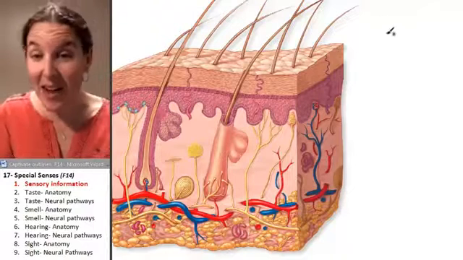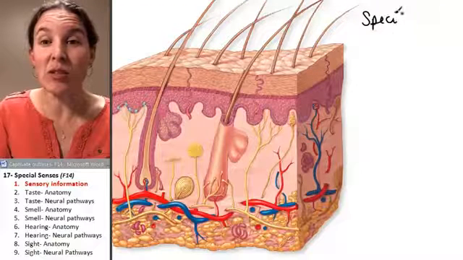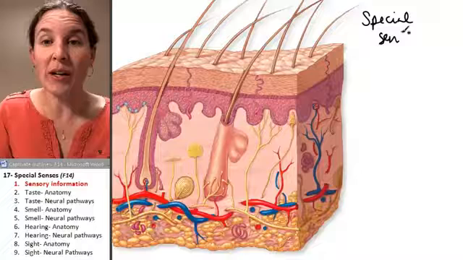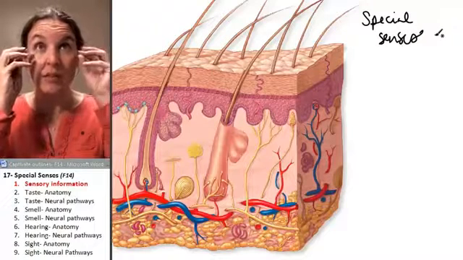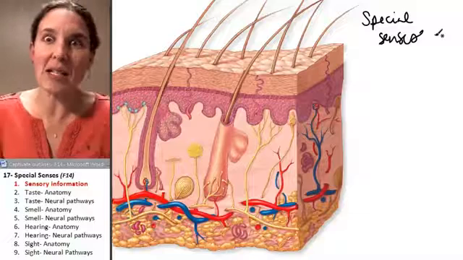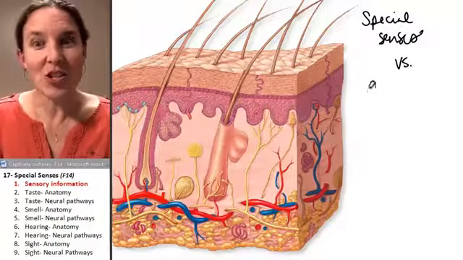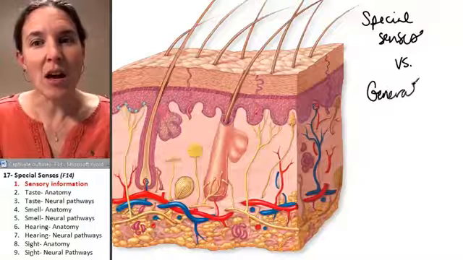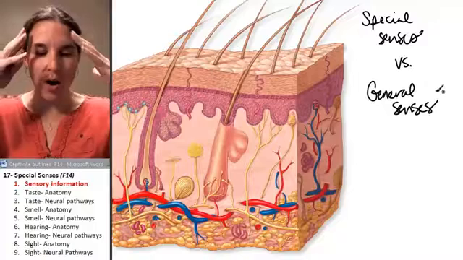We're spending the entire time talking about the special sensory organs, as opposed to, okay, this will make it more clear, general senses. General senses are not specific.